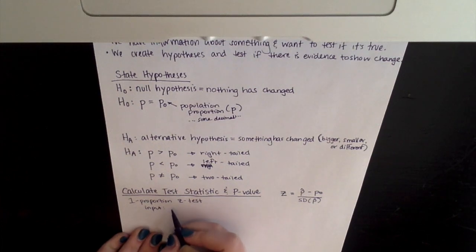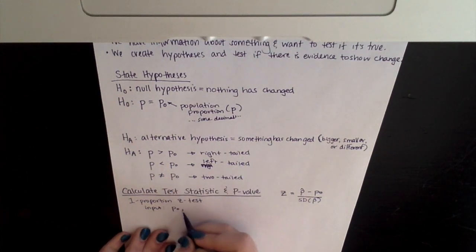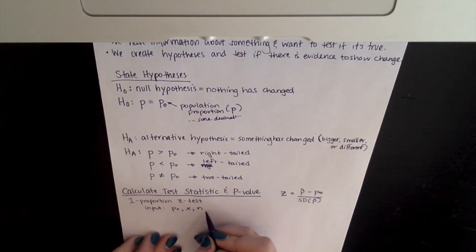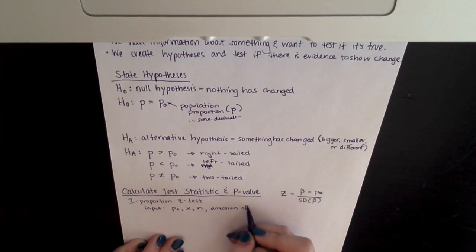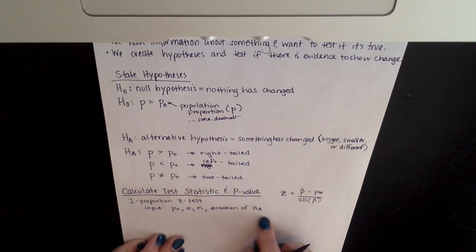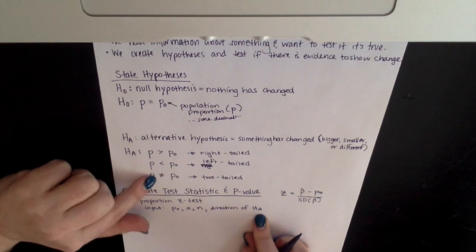This time we give our calculator p naught, so we have to tell the calculator the hypothesized value. We also have to say how many yeses, how many people were surveyed, right? And then we also have to give the direction of the alternative, okay? Which means that I have to select either greater than, less than, or not equal to.